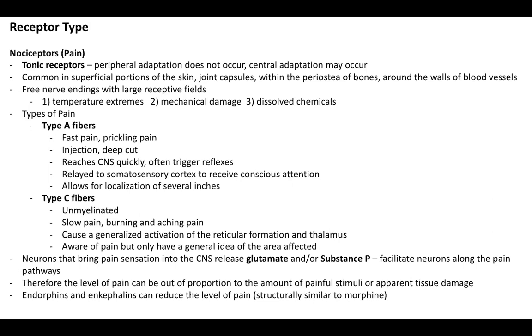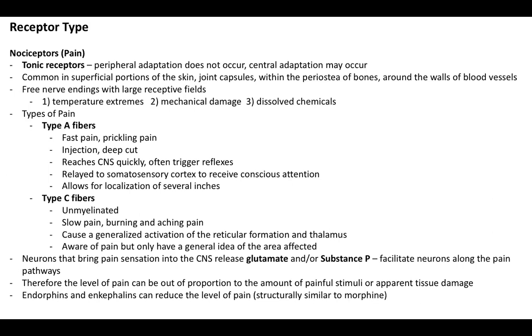It can sometimes trigger a reflex, like stepping on a tack, where you get that sharp pain and that withdrawal reflex, or the flexor reflex. These fibers also allow for pretty good localization, whereas type C fibers do not allow for good localization.